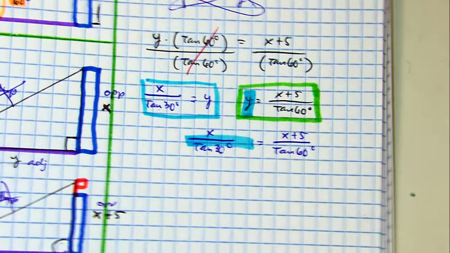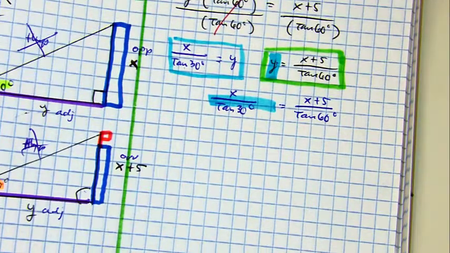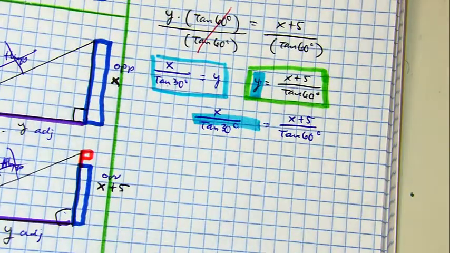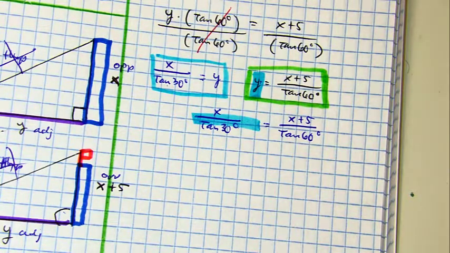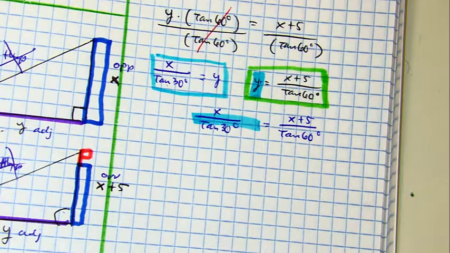Right now it's just really heavy on the algebra. Okay, my goal is to get the x's on one side, and then I can solve for x. Okay? Right now I have two fractions set equal to each other. I have two proportions, therefore I can solve it by your best friend, cross multiplying.